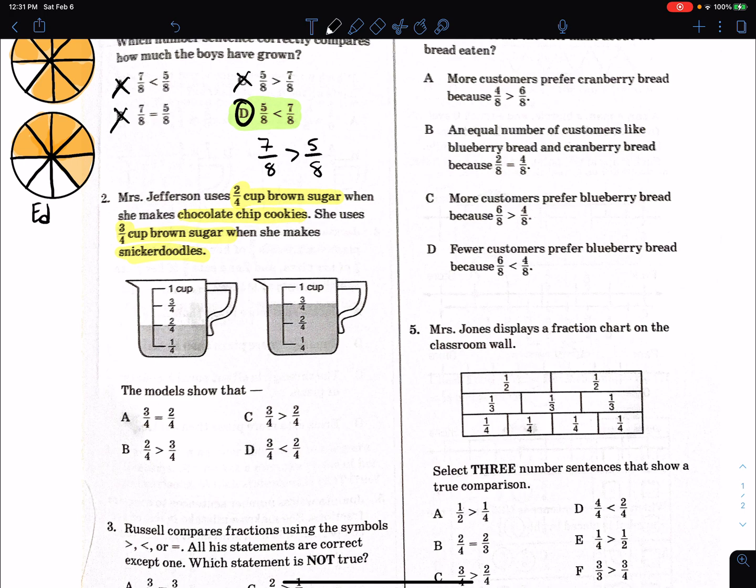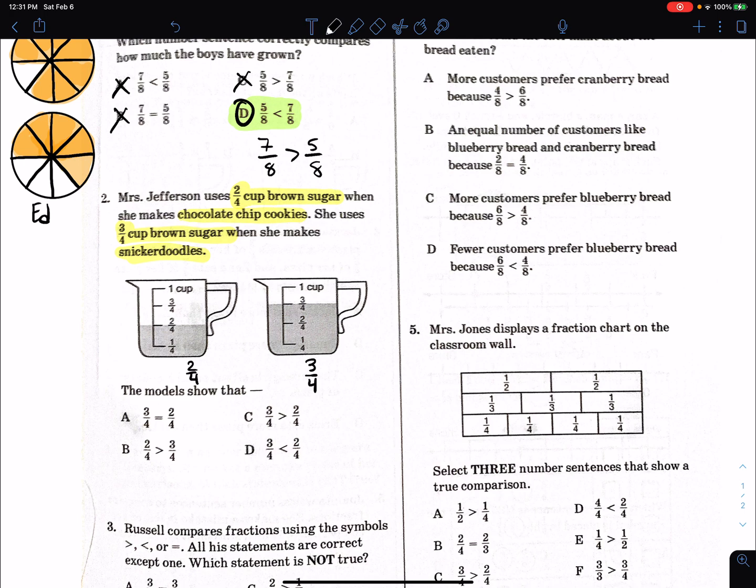So I want to find a comparison with my models. So this one is at 2/4, and this is at 3/4. So now I have to finish filling this in. So I need to compare these two fractions.